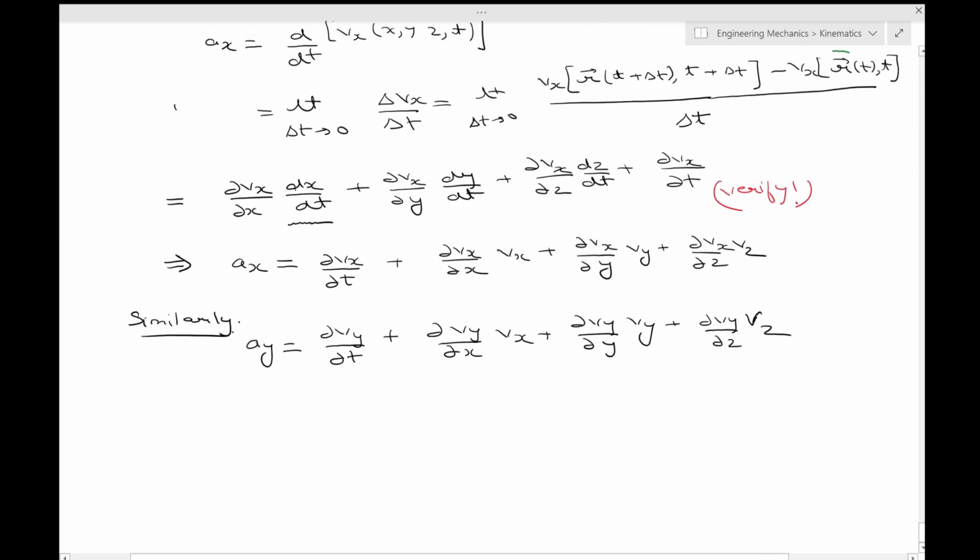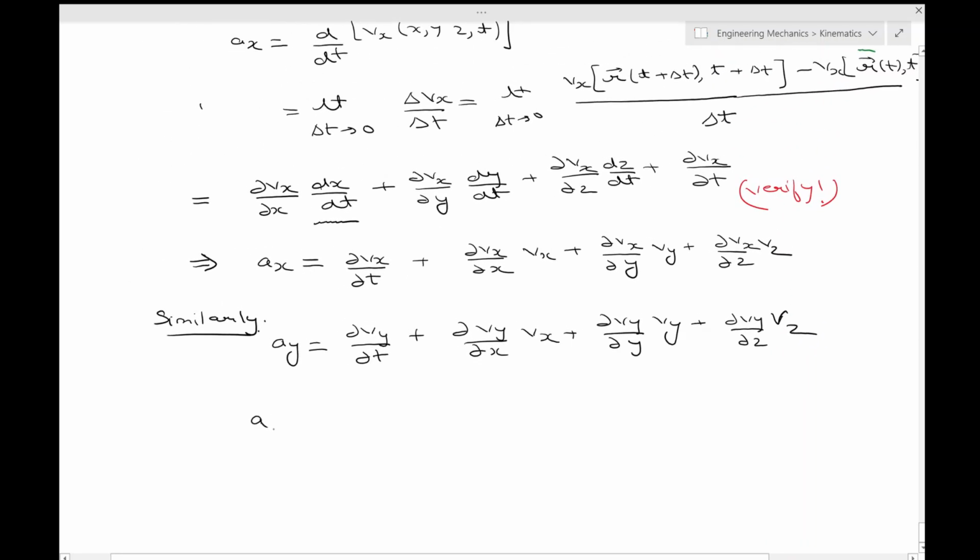Then you have Az is equal to dou Vz by dou t plus dou Vz by dou x Vx plus dou Vz by dou y Vy plus dou Vz by dou z into Vz.